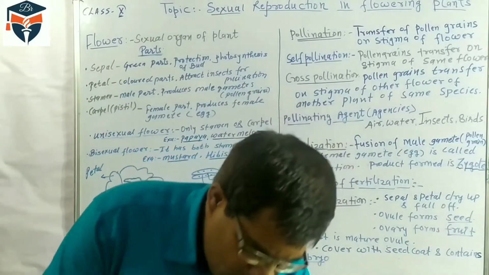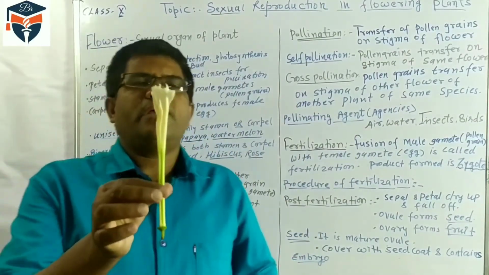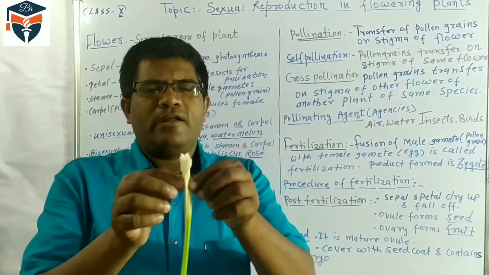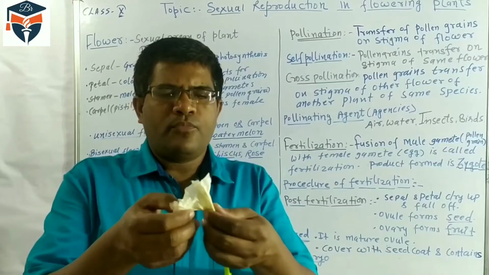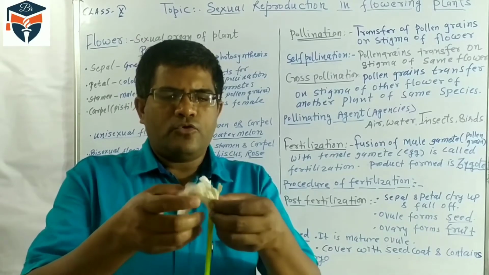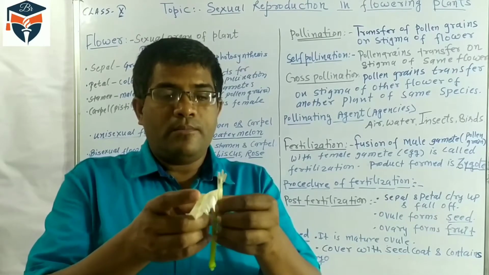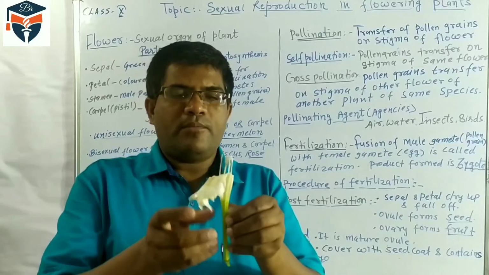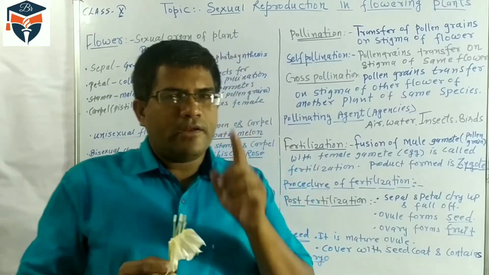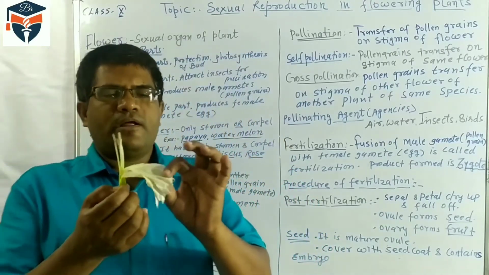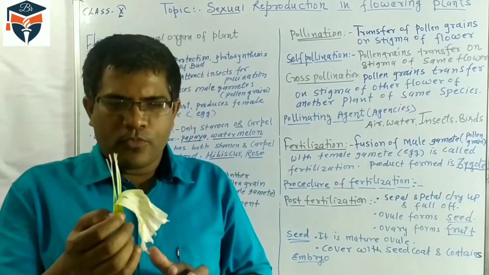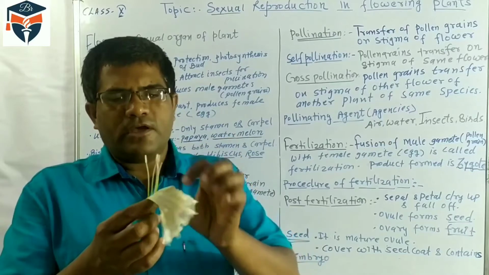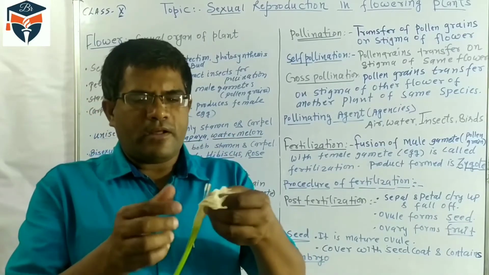Similarly, in this other flower you can see the white colored part, which is called the petal. These are the petals of the flower. So the first part, green sepals, and these petals combined are called the corolla. These are the petal parts of the flower.